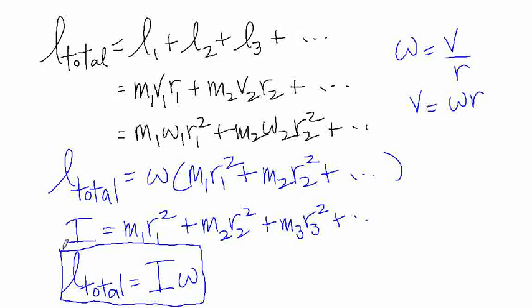Now, calculating the moment of inertia for a rigid body, for common shapes like solid spheres, solid cylinders, baseball bats, is a tedious process that typically involves calculus. I'm not going to derive the moments of inertia of various shaped objects.